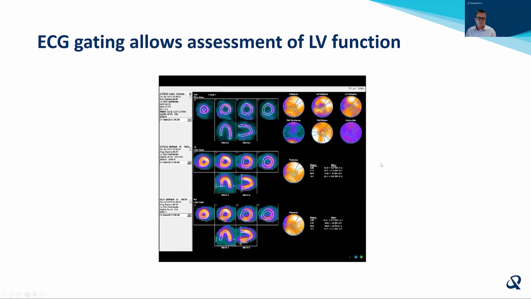And so we put regions around the myocardium, and it gives us an idea of the wall motion. And then it produces a polar map of the wall motion as well. So this patient's wall motion is completely normal. And we get an estimate of the actual LV ejection fraction, which compares quite favorably to echocardiography assessment of LV function.